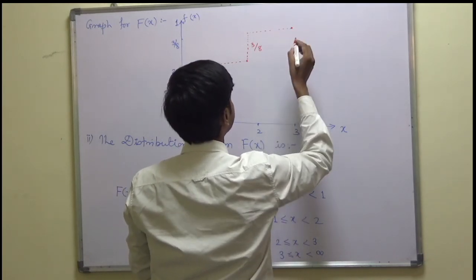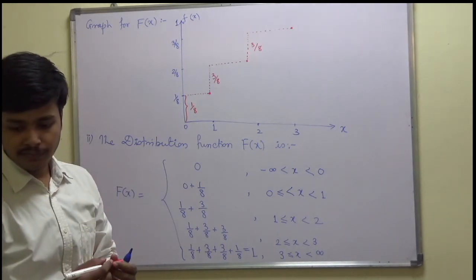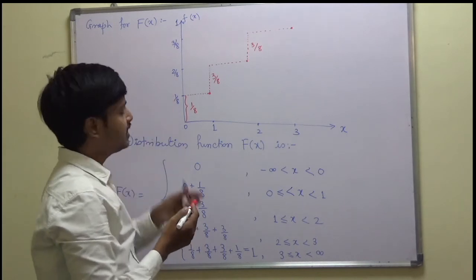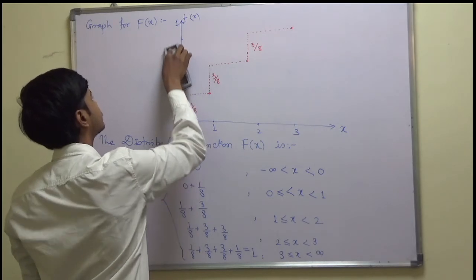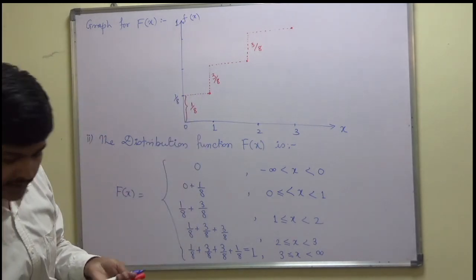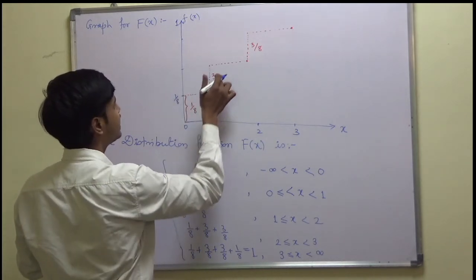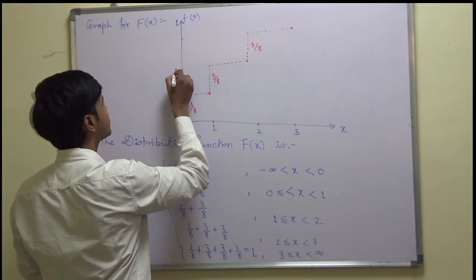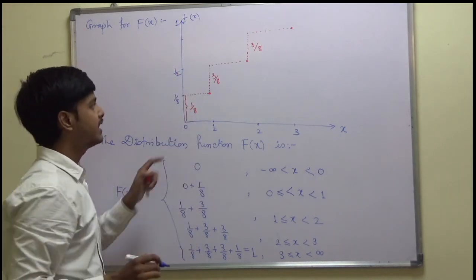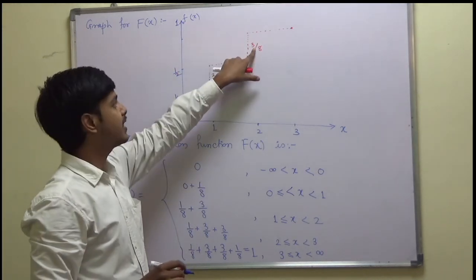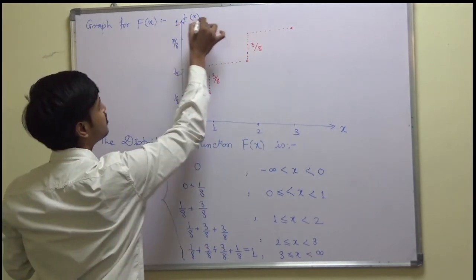Okay, this much value is 1 by 8, and then this value is 1 by 8 plus 3 by 8, 4 by 8, which means 1 by 2. Then 1 by 8 plus 3 by 8 plus 3 by 8, what is it? 7 by 8. So this value would be 7 by 8, and this should be 1.